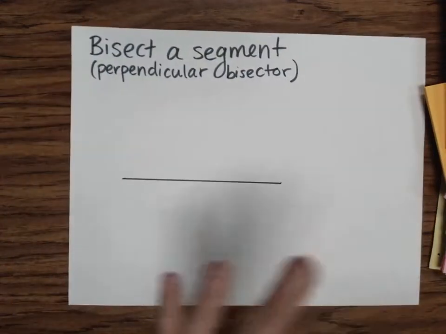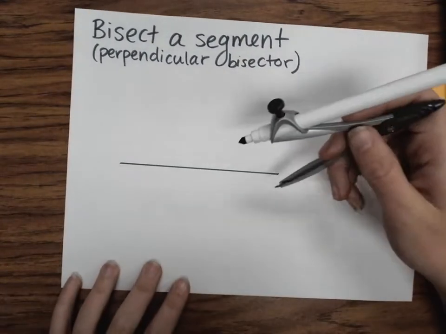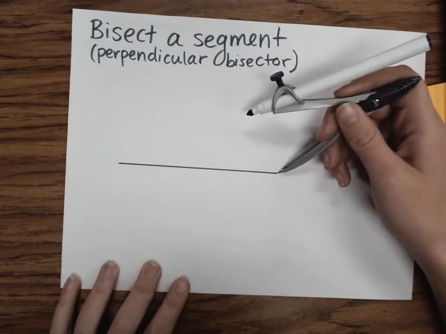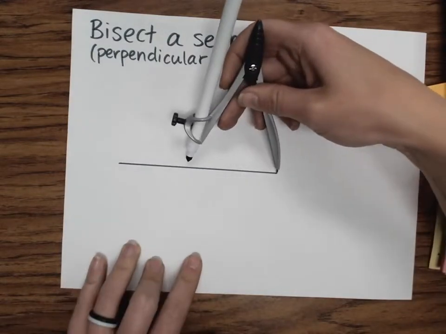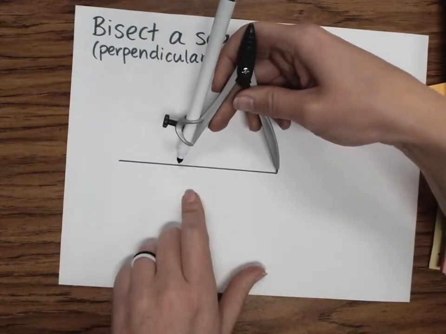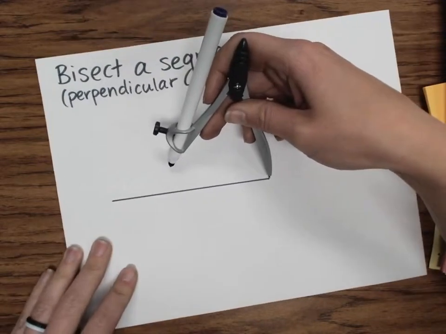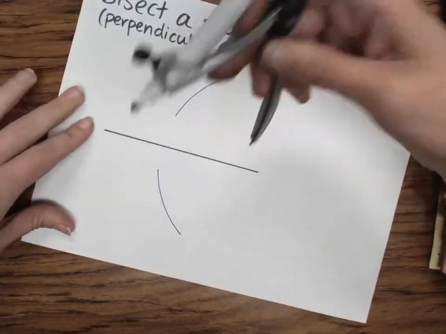All right, next one. Bisect a segment or construct the perpendicular bisector. I mean, they are the same thing. All right, so you're going to put your compass center on one end, and then you're going to adjust the length so it's just somewhere past halfway. It doesn't really matter how far as long as it's past the halfway point. And then you're going to make an arc above and below your line.